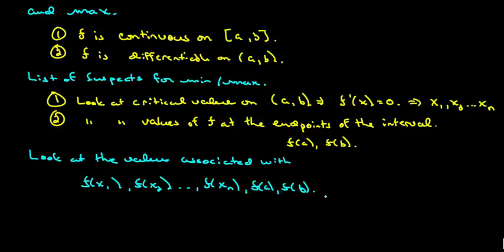Okay, so let's go ahead. I'm going to do example number 4, and we're going to go ahead and look to see if we can find minimums and maximums on a closed interval.